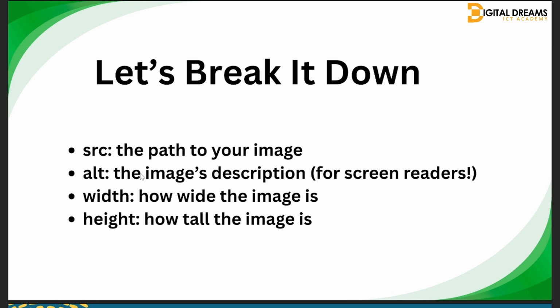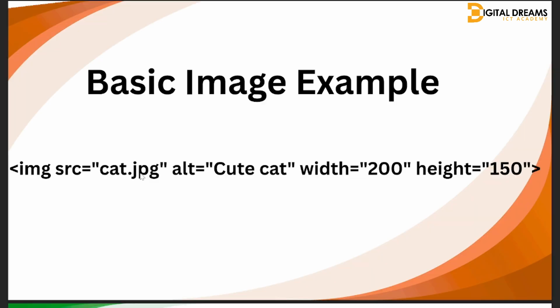Now, assuming you add an image and the image has an issue, maybe you mistakenly added another text to the image name, now causing the image not to show on your website. You definitely need that alt. What does it do for you? Assuming you add an image of a flower, what your alt will be is flower, just to tell the person, in case the image is not showing on the website, that what is meant to be here is a flower.